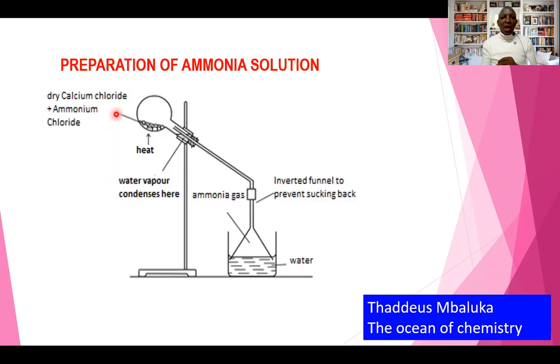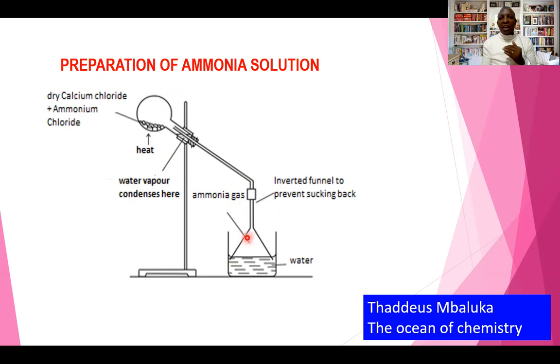So if you have dry calcium hydroxide plus ammonium chloride and you are heating it, you can see the flask is slanting downwards. Then you want to get aqueous ammonia, so you direct the gas produced into water in a beaker using an inverted funnel.